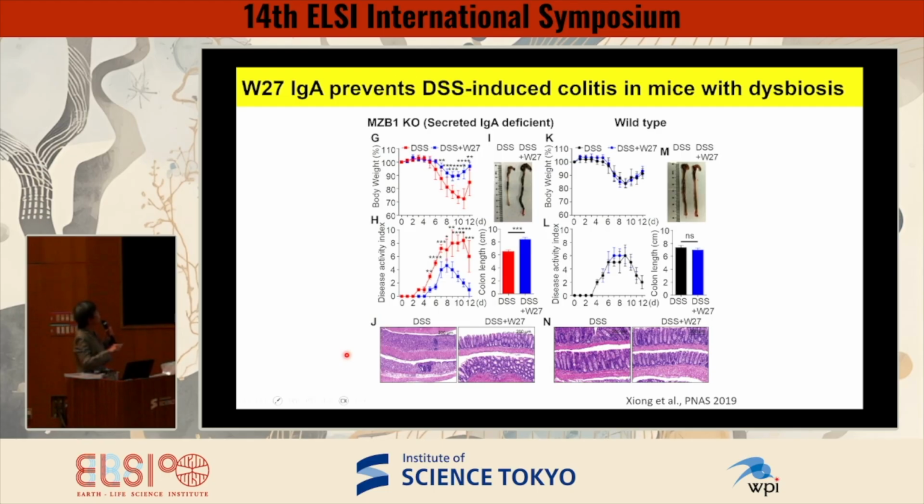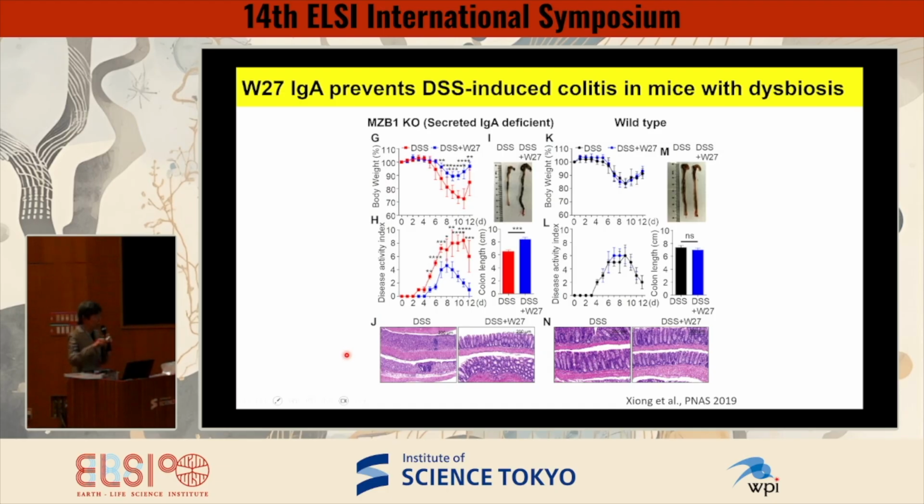Because we already know DSS colitis becomes more severe in dysbiosis conditions. These mice are IgA deficient mice, and the W27 effect is very clear.